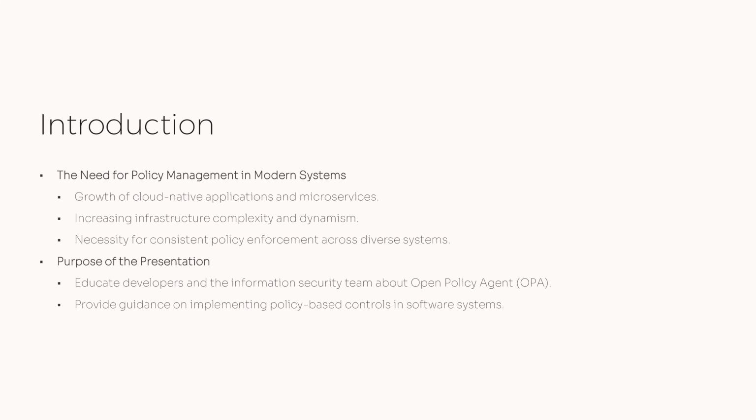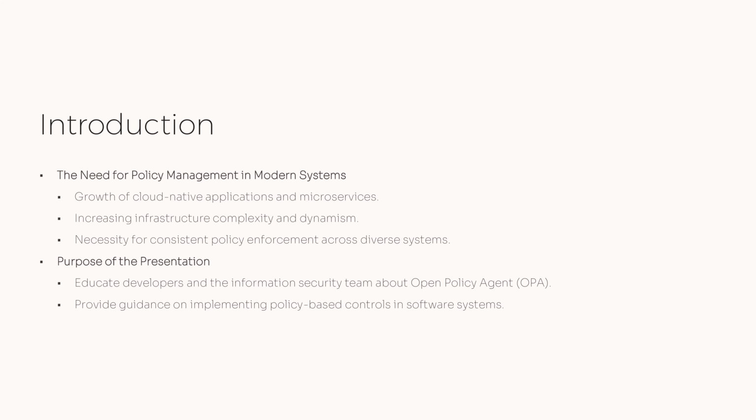In this introduction, we will explore the growing need for effective policy management in modern systems. As cloud-native applications and microservices rapidly increase, the complexity and dynamism of infrastructures become apparent. This growth highlights the necessity for consistent policy enforcement across various systems to maintain order and security.